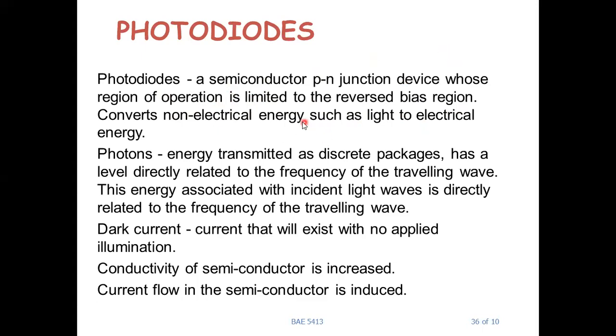But this photodiode's operation is limited to the reverse bias region only. In this bias, it converts non-electrical energy such as light into electrical energy.